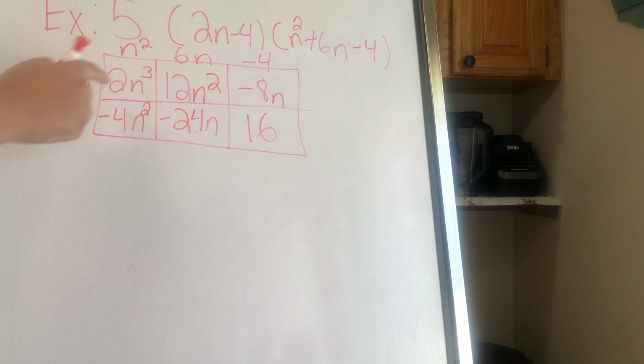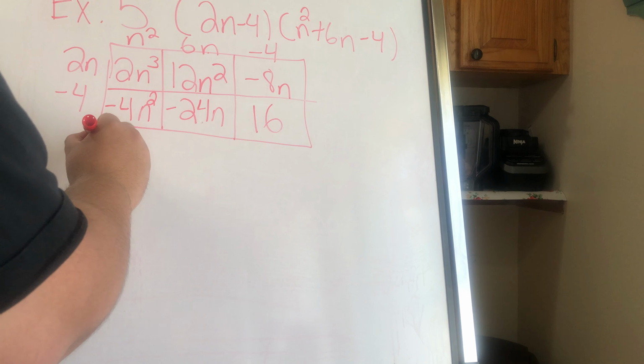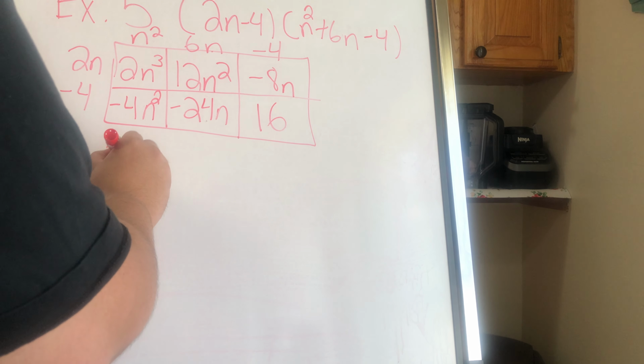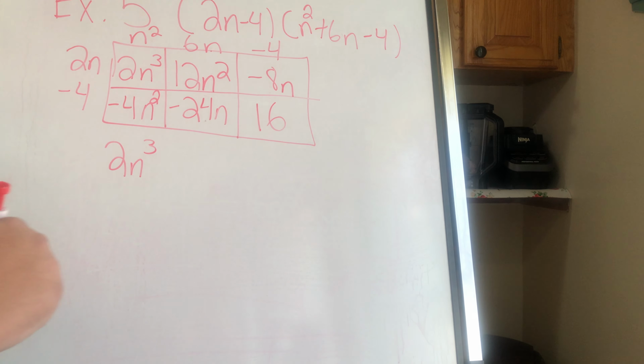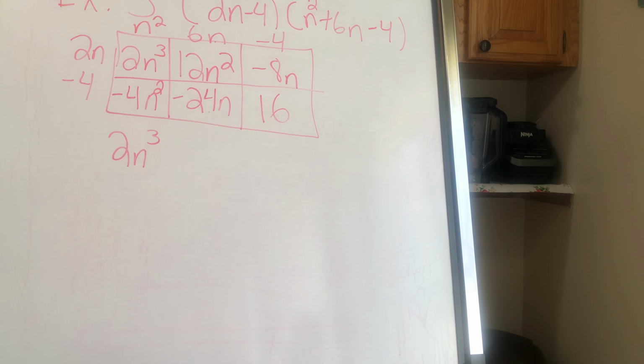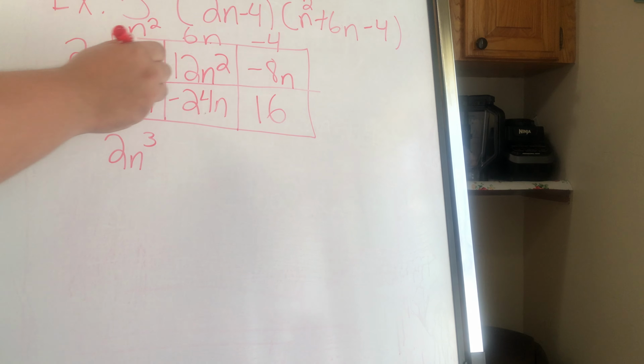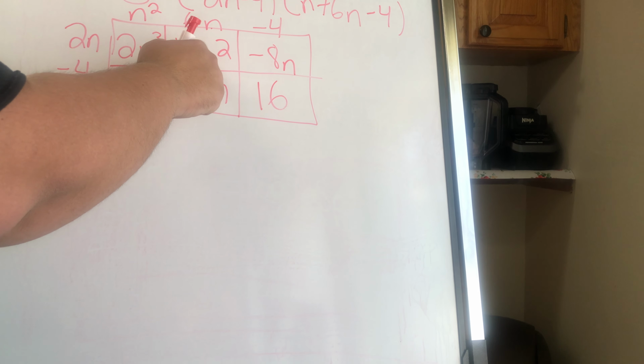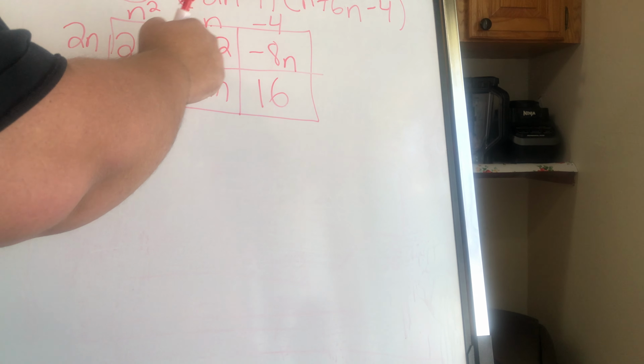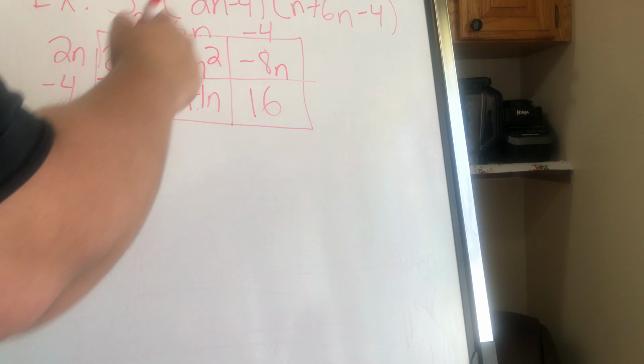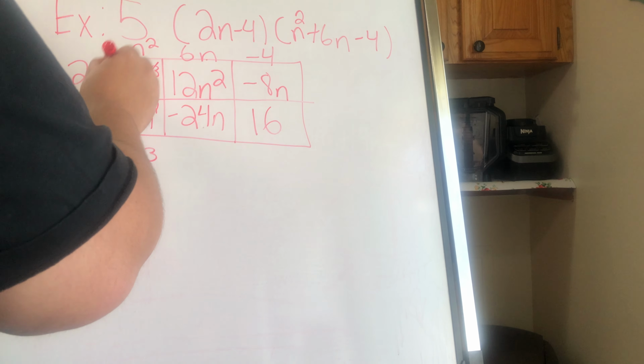And now, the first box immediately goes to your answer, so that becomes 2n to the third, or 2n cubed. Then, the ones you always combine are across from each other. See, n squared, n. They're always across. So let's combine them.